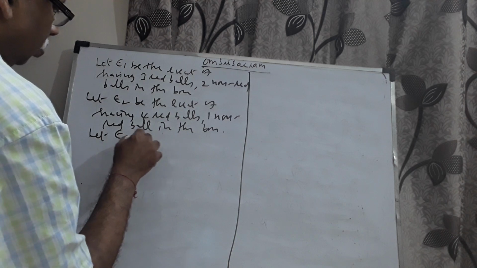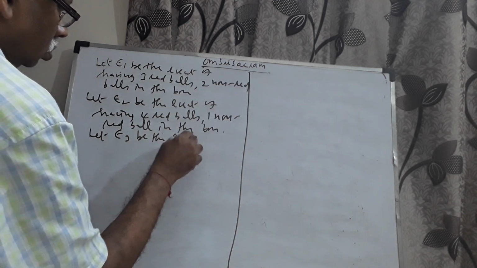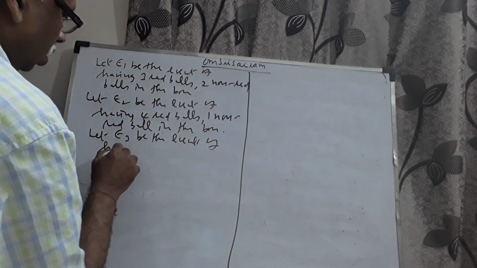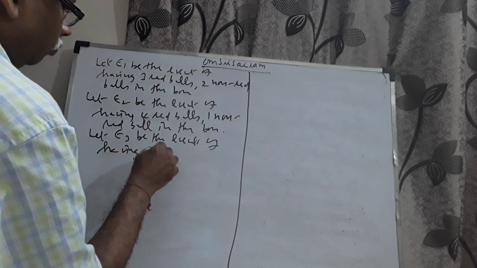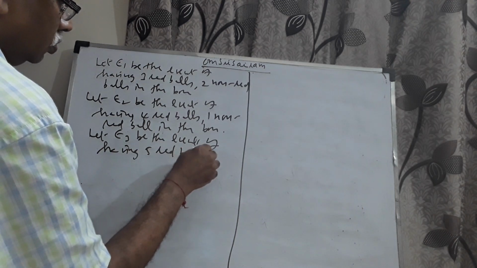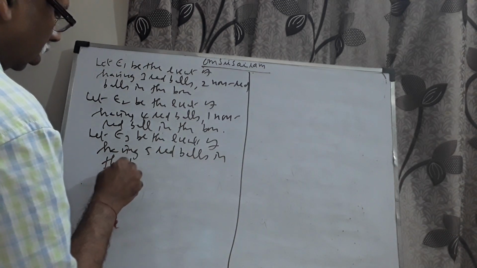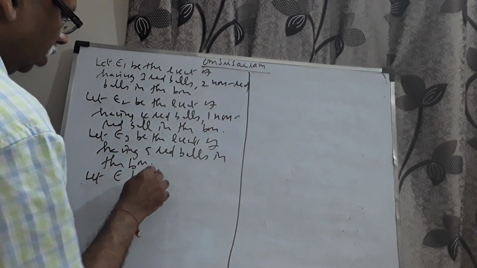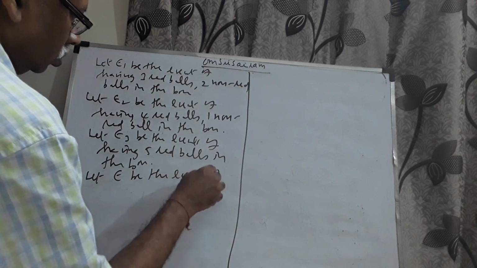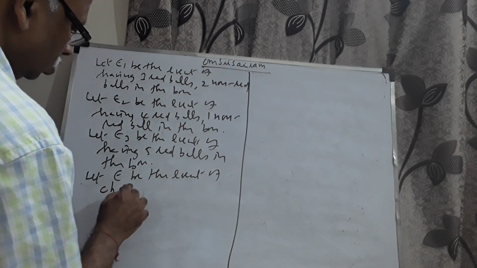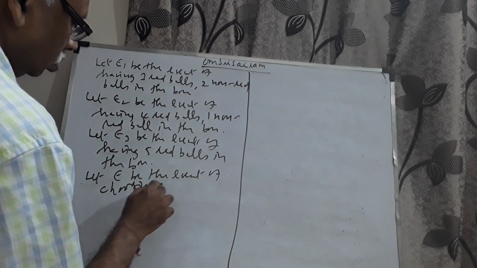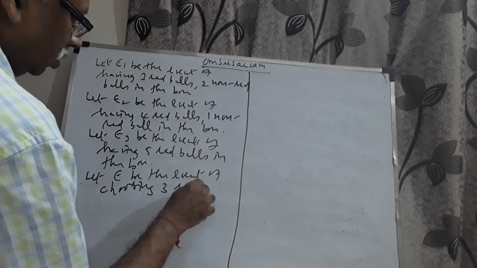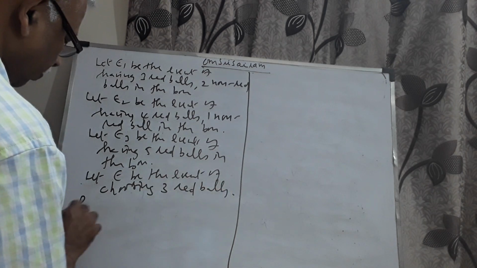Let E3 be the event of having 5 red balls in the box. Let E be the event of choosing 3 red balls. These are the assumptions, let us say.